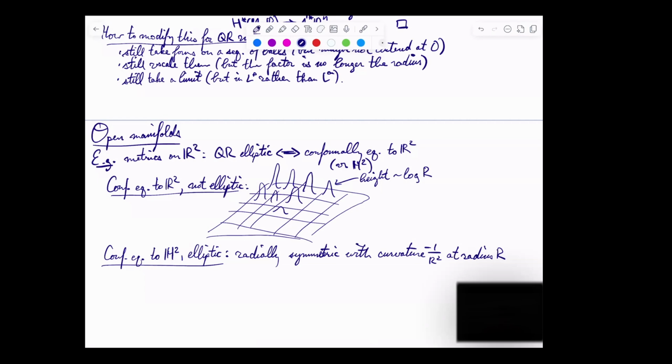And then in higher dimensions, things get even wilder. First of all, for any open manifold, there's an elliptic metric, versus for quasi-regular ellipticity, there are actual obstructions.